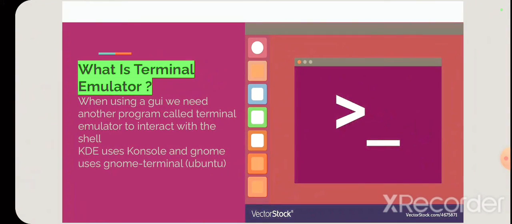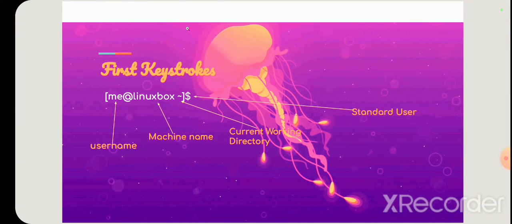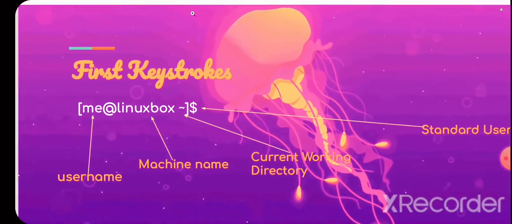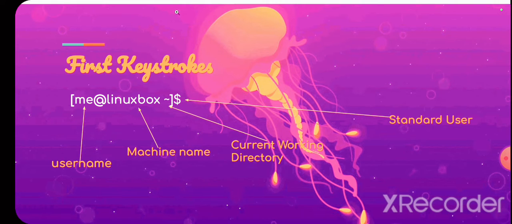KDE uses Konsole, and you may use different terminals. Ubuntu uses GNOME Terminal, and KDE Plasma you may probably have known. This type of prompt you would be seeing in Ubuntu.